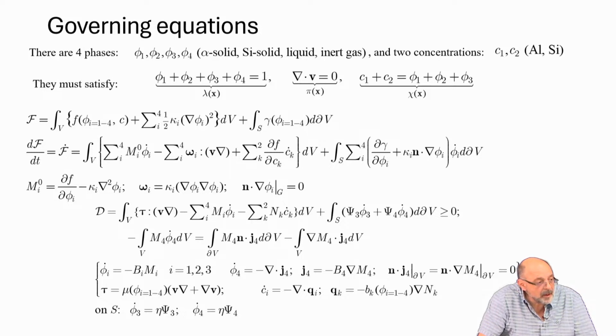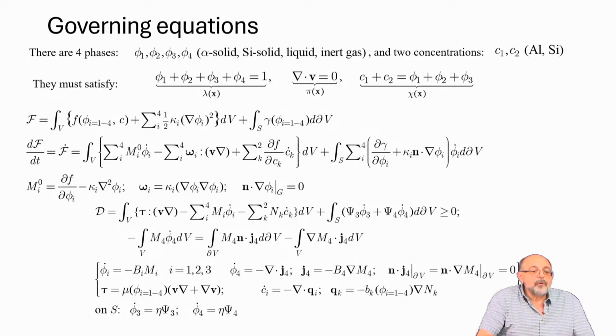People have done melting, and people have done capillary flow. In fact, we have shown capillary flow before, but to combine the two is, I believe, new. So this is very much work in progress, and I will show you some preliminary computational results.